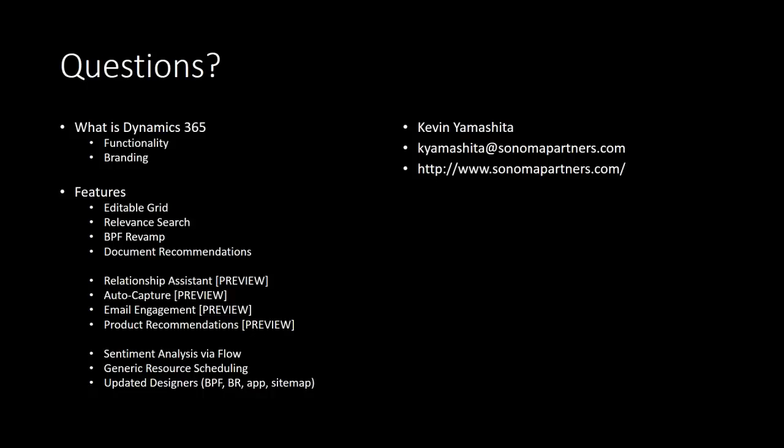Going through the list, those features are document suggestions, relevant search, relationship assistant, and all the related things, so email engagement and auto capture, app designer, sitemap designer, and generic resource scheduling.